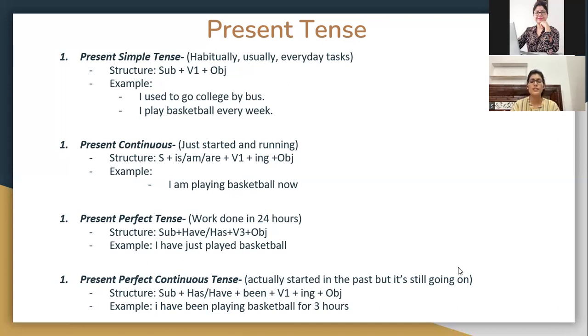And always we use the first form of the main verb plus ing. When the last letter of the main verb is e, we remove the e and add ing.